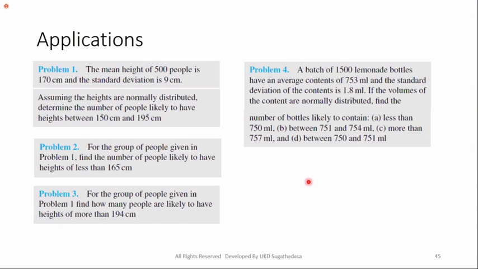If you multiply that number by 500, you get 1.9. I don't have a calculator here. What is 1.9 people? Approximately 2. Only 2 people.